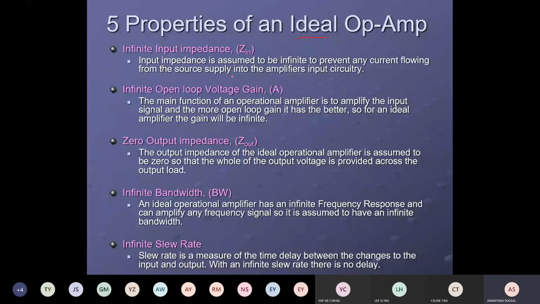What is meant by impedance? Impedance is like resistance. What does resistance mean? A factor that opposes the current flow in the circuit. For a resistor, it's resistance.